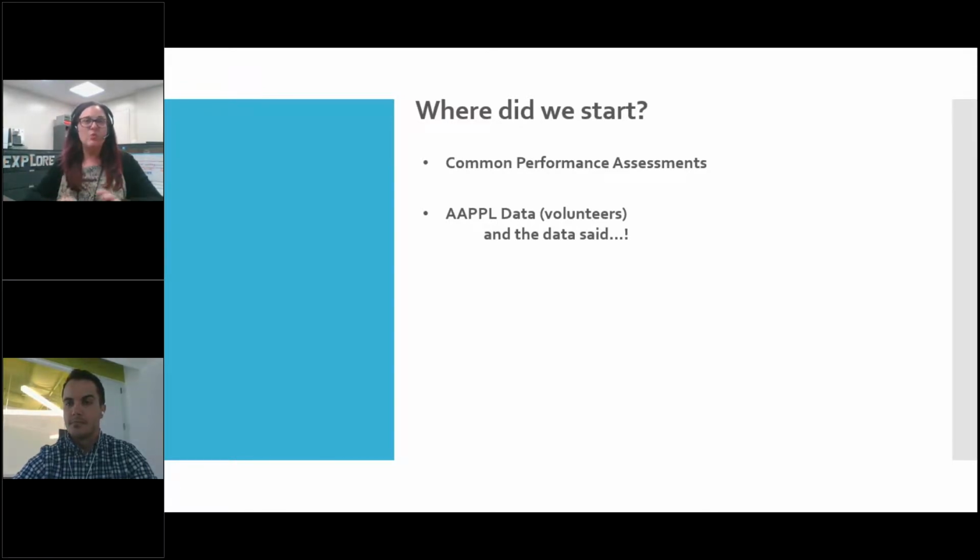What we decided early on is we knew we needed to measure our program, where it was, and then set goals about where we wanted to be. One of the ways we decided to do that was to give the AAPPL to some of our students. Me being at the district central office level, I really didn't want to come down first with a mandate: we're going to give this and everybody's going to take it.